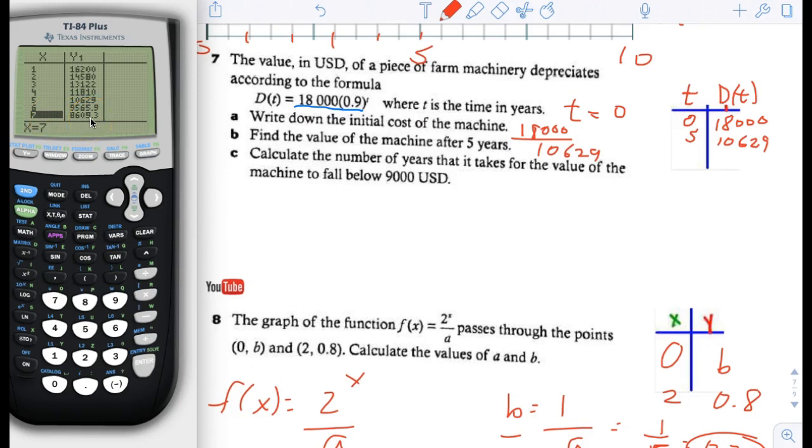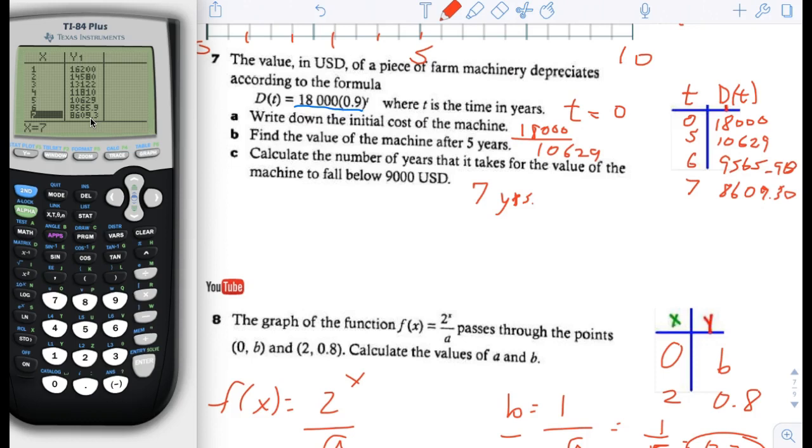In year 6, it was 9,565.90, and in year 7, it fell to 8,609.30. So the answer for the number of years it takes to fall below 9,000 would be 7 years.